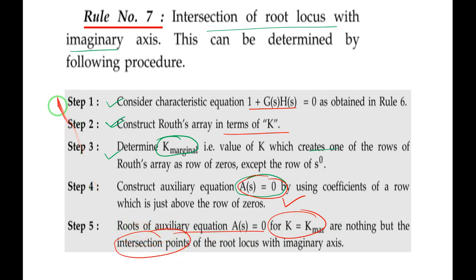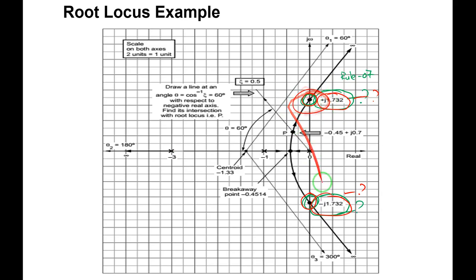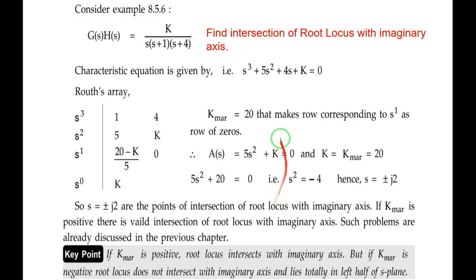These are the rules, and we'll solve one numerical based on them so that you will understand how to find these intersection points. Consider g of s into h of s equal to k divided by s into s plus 1 into s plus 4. Find the intersection of the root locus with the imaginary axis.